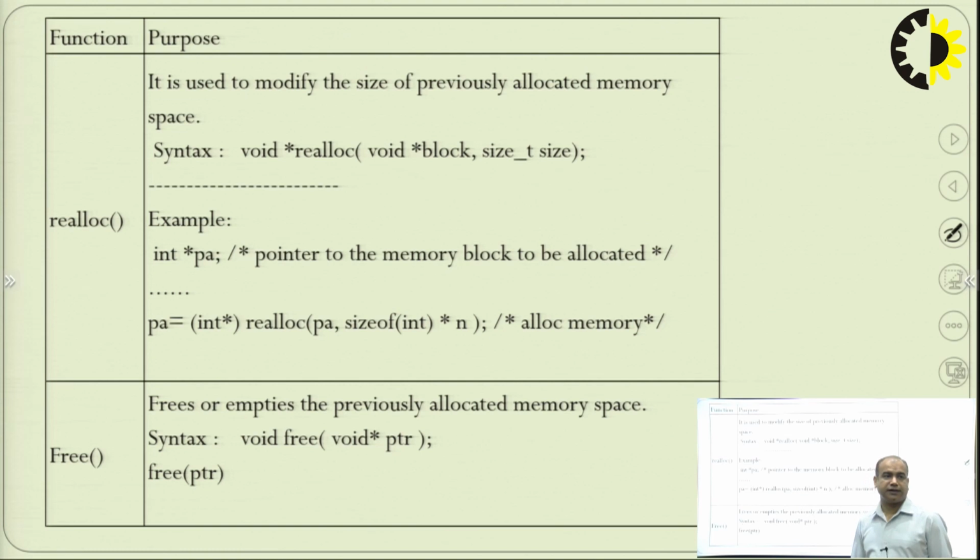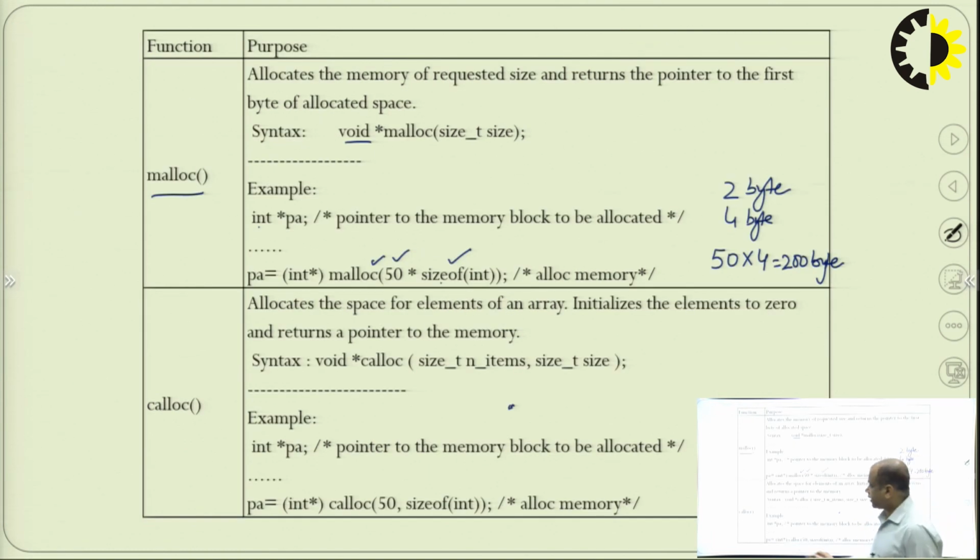Fine. Next, second is calloc. Calloc means contiguous memory allocation. It allocates the space for elements of an array, initializes the elements to 0 and returns a pointer to the memory. The syntax is almost the same. The difference is here we are using the size of that variable, and here void.